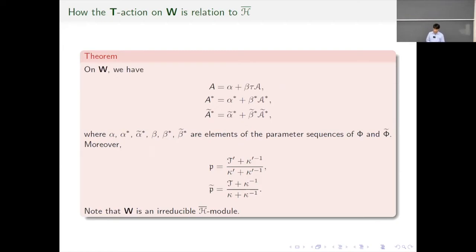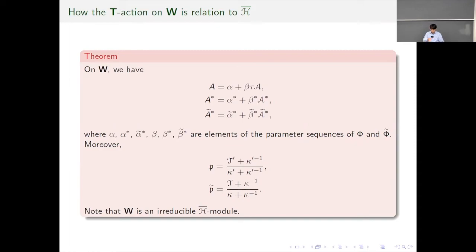A, the adjacency matrix of the dual polar graph, acts as some affine transformation of the script A, and A star acts as A star, and A star tilde acts as A star tilde up to affine transformation, where these scalars are the parameter sequences of phi and phi tilde.